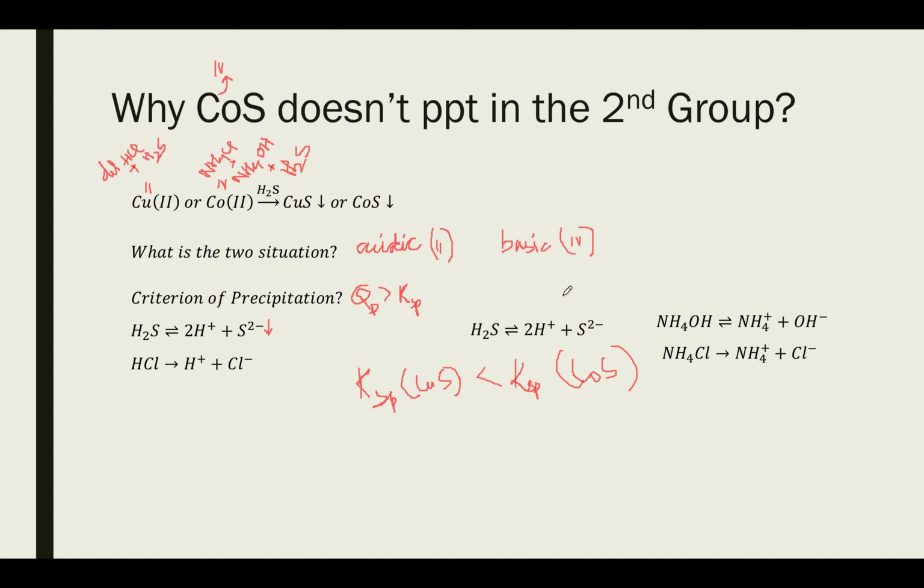However, if you look at the same expression when you add the group 4 reagent, the group 4 reagent is basic, so you have OH minus coming into the solution.